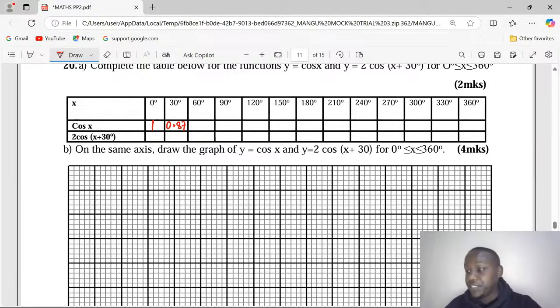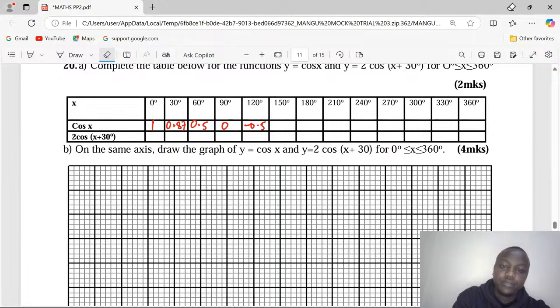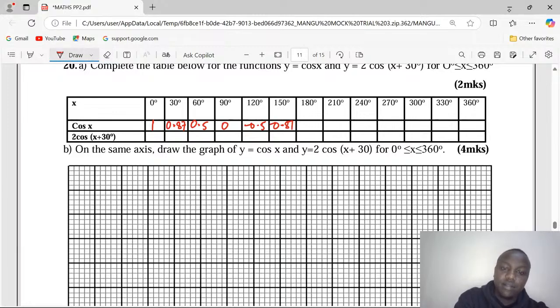The cosine of 60 is 0.5. The cosine of 90 is 0. Then negative 0.5, negative 0.87. Remember, these ones are being obtained from a calculator. So you just substitute them in a calculator, you get the values, and you continue. The cosine of 180 is negative 1.